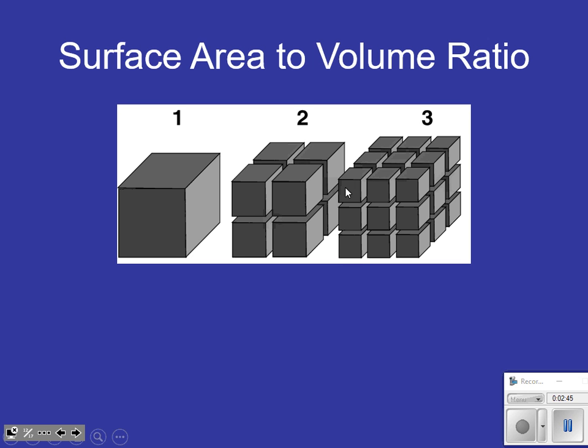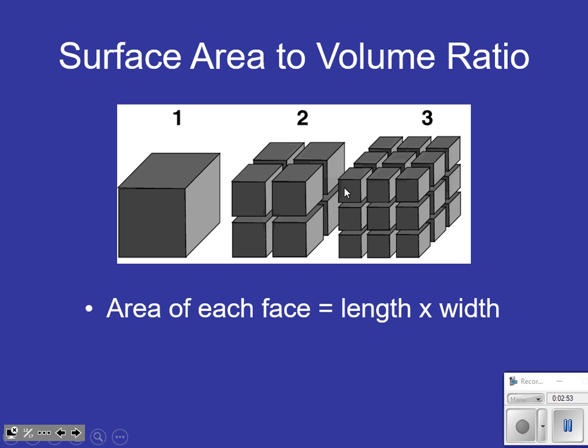If we are talking about the surface area of each face, the area of this face of the block is equal to the length times the width.